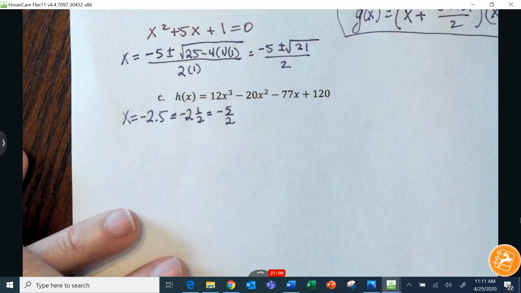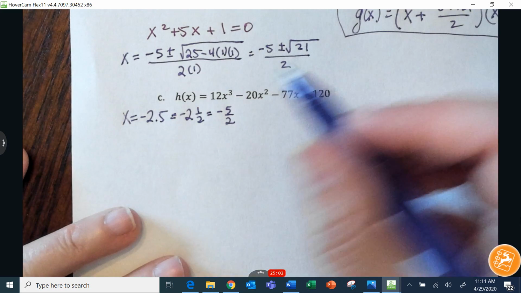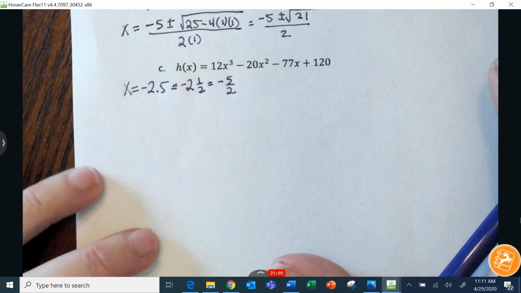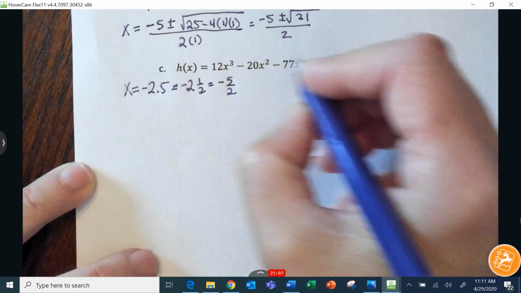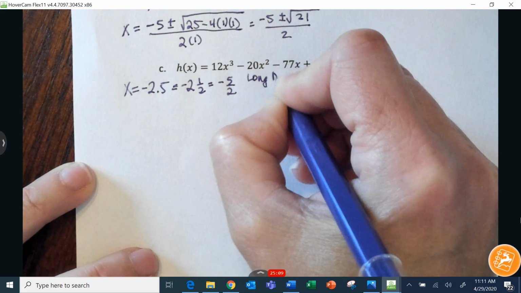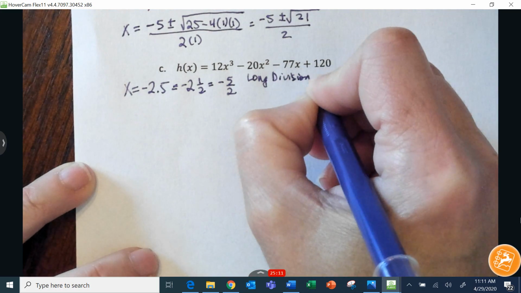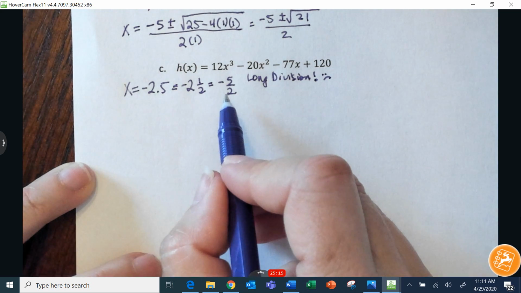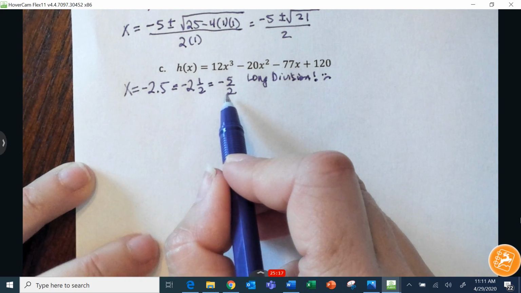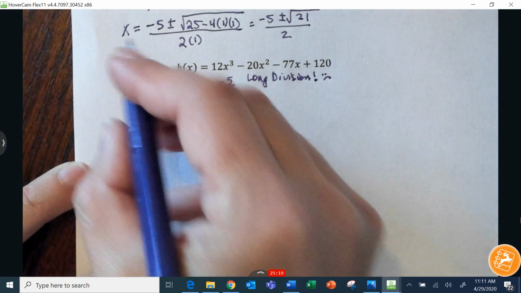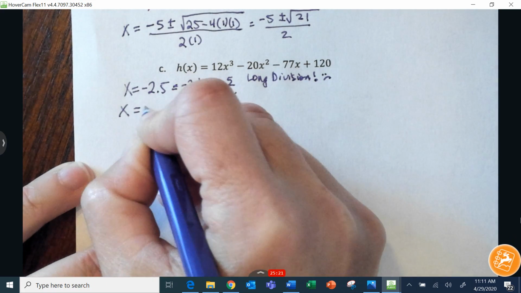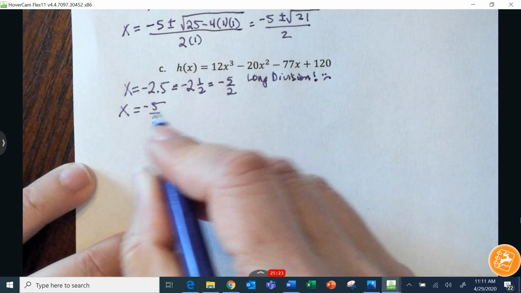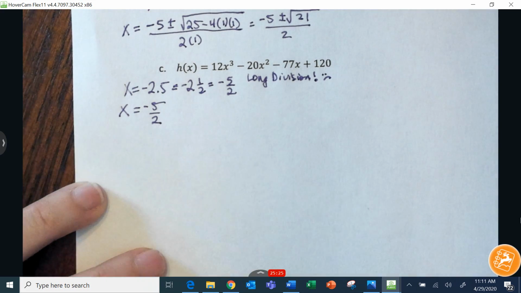Because it is -5/2, you cannot use synthetic division. You have to use long division. So what we're going to do is we're going to actually find the factor first. I've got x equals -5/2, and the factor can't have a fraction in it.